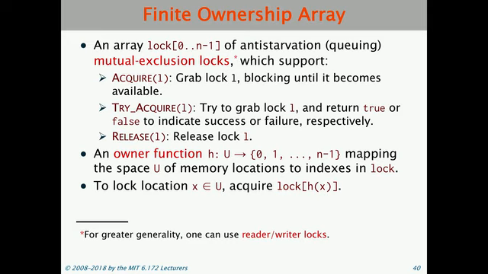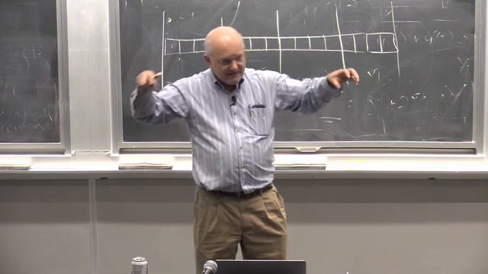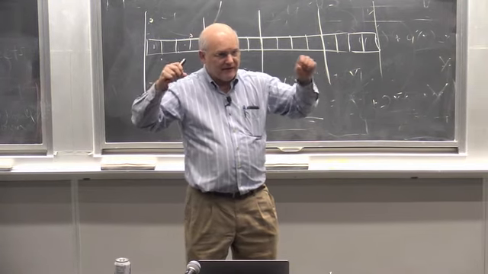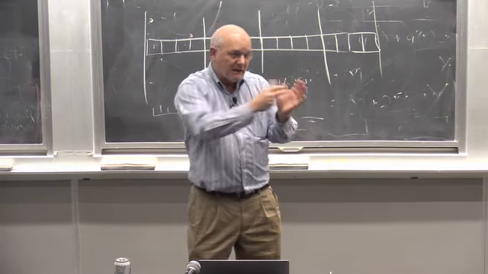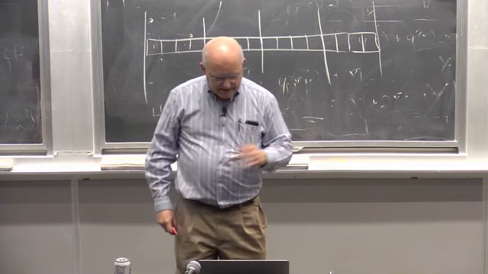If two guys are trying to grab the same location, they will both grab the same lock because they've got the same hash function. But I may have inadvertent collisions, where if I were locking the objects themselves, I wouldn't have them both trying to acquire the same lock. That might happen in this algorithm.